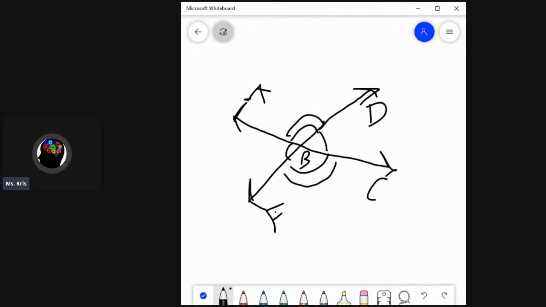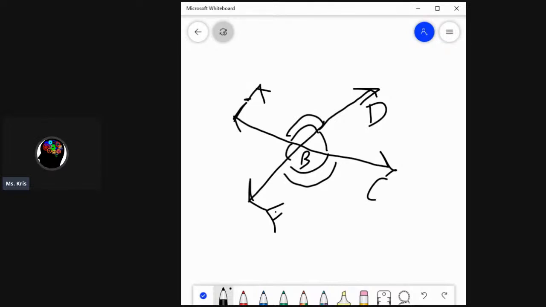Now, if you notice, you have two straight lines, and each straight line, of course, gives you supplements, or supplementary. So, by definition, you have supplementary angles with two vertical angles, and you would also have two vertical angles on either side.